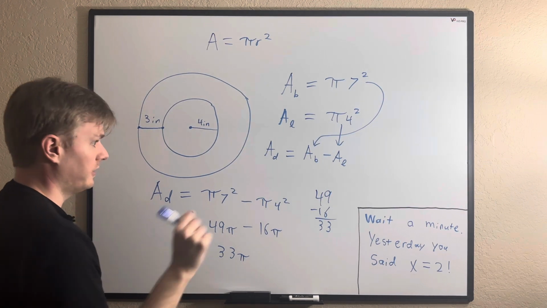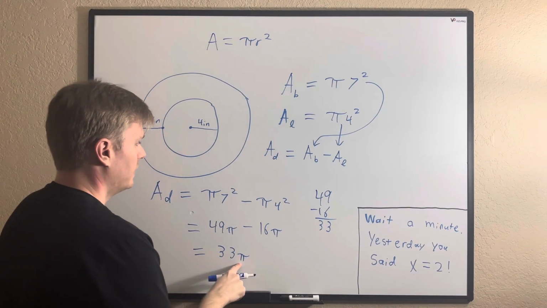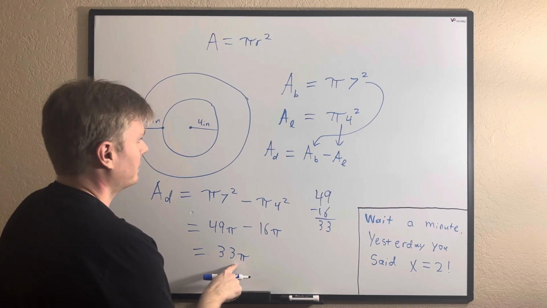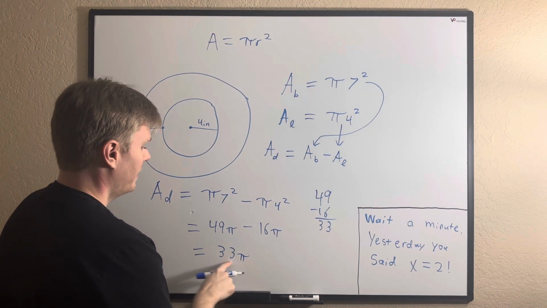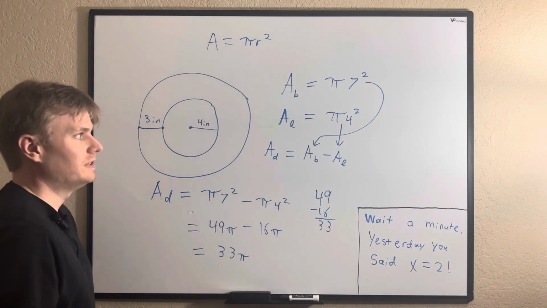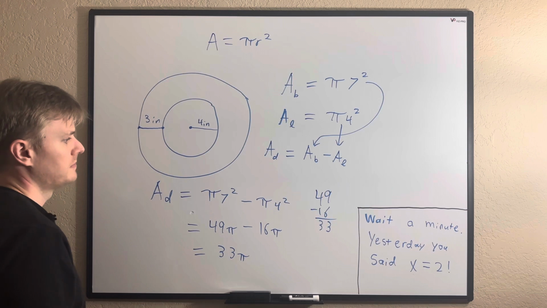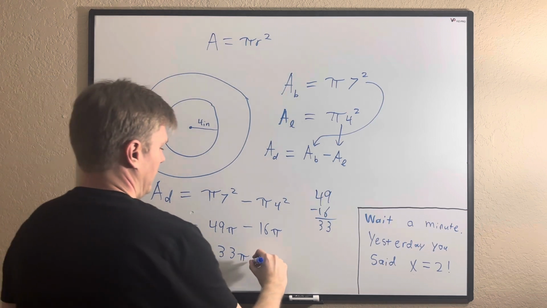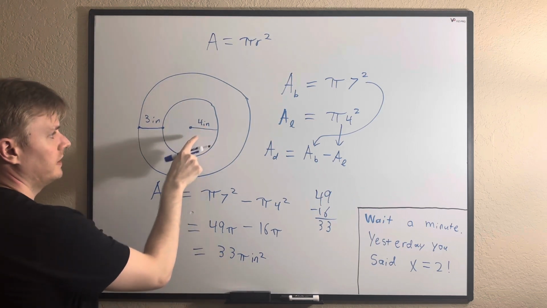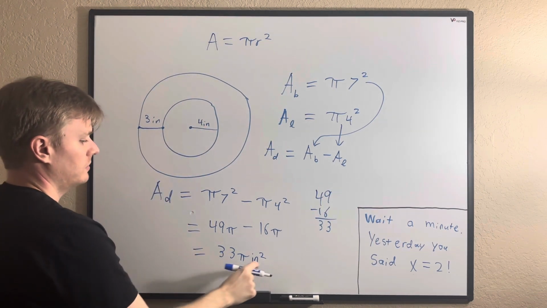Good to check work. Not done yet, because we've only told you a numeric value. We need units in there. An area is always in units squared. Same units that we used from the beginning, it's just squared now.